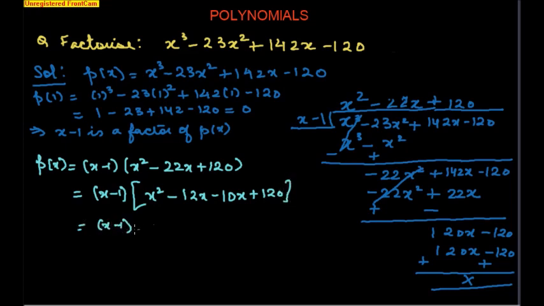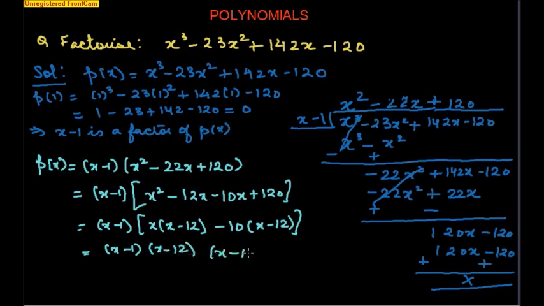Taking x common from the first two terms and minus 10 from the last two, I get x minus 12 into x minus 10, with x minus 1 as it is. So the other zeros of this polynomial are 12 and 10, and the factors are x minus 1, x minus 12 and x minus 10.